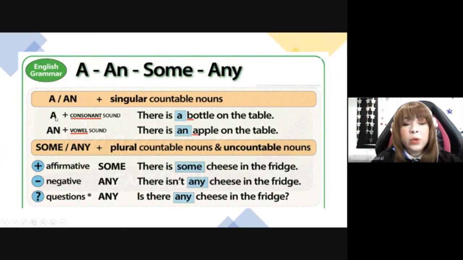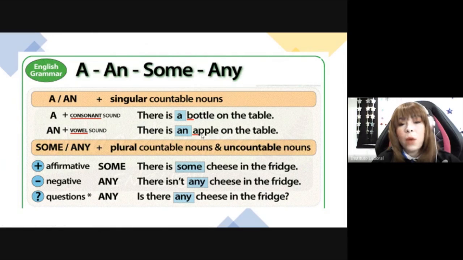So we use a when the word starts with a consonant sound. For example, a bottle. Bottle starts with a consonant sound, so I use the word a, and this means one. There is a bottle on the table. An is used when the following word starts with a vowel sound, and the case here is the word apple.